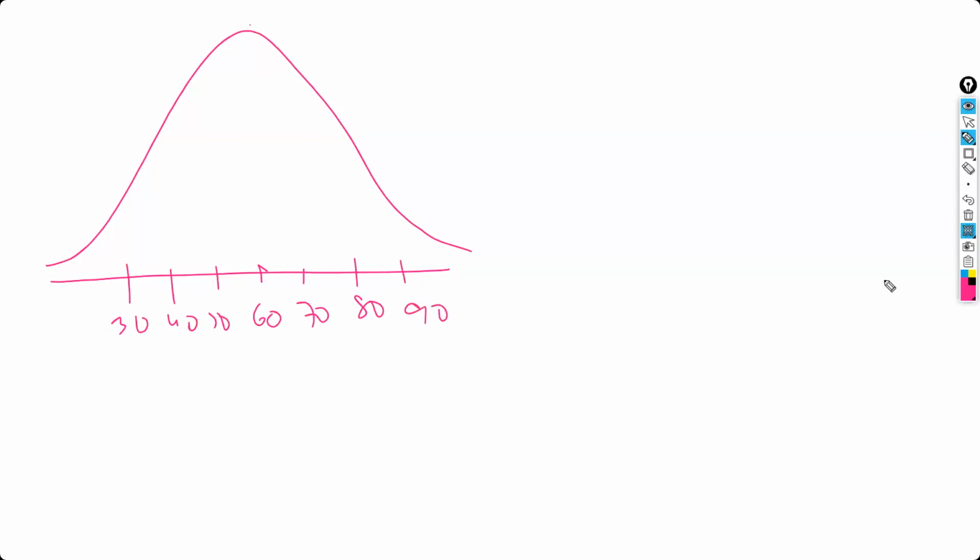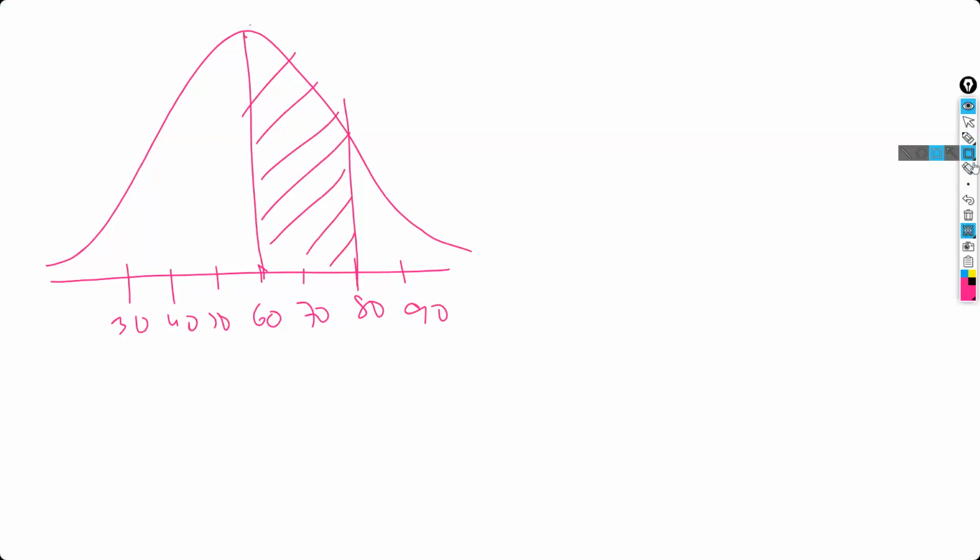Now, what is the question they asked? 60 to 80. 60 to 80 means from here to here. This is the area. Observe this very clearly, guys. Don't write along with me, just observe. 60 to 80 is the area.